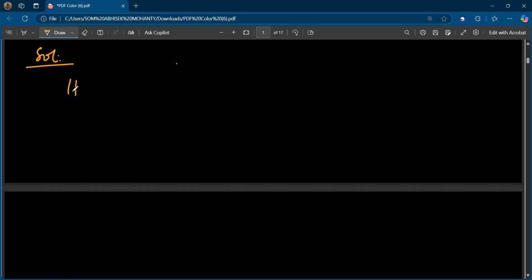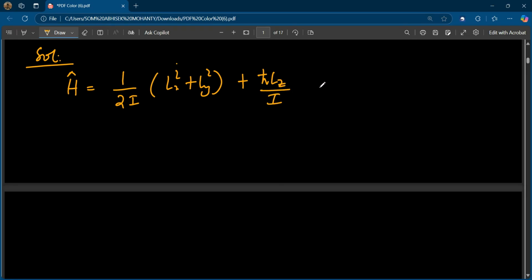The Hamiltonian is given as 1 by 2I (Lx square plus Ly square) plus h cut Lz by I, which is equal to 1 by 2I (L square minus Lz square) plus h cut Lz by I, correct?